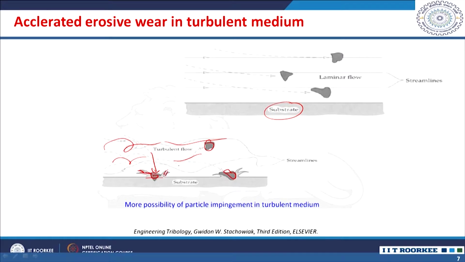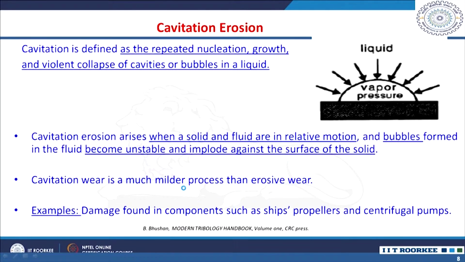So, that will lead to more ploughing or cracking, that leads to more wear, right, compared to the laminar flow. With turbulent flow, the particles impinge more on the surface, and that leads to accelerated erosive wear.